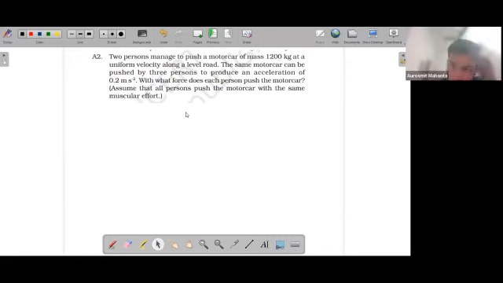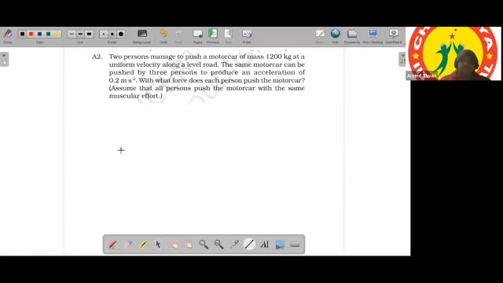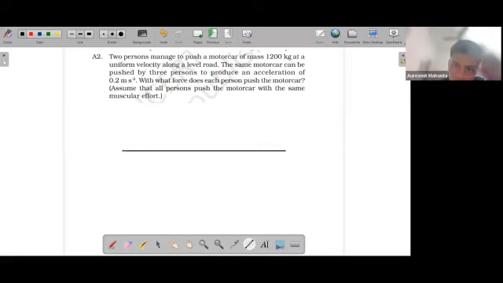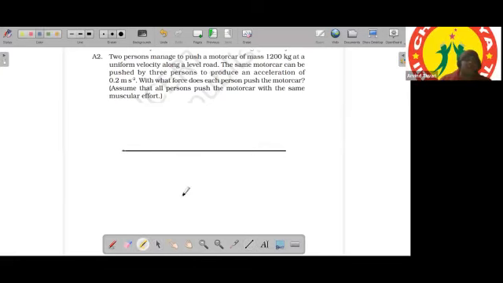So two people are pushing a car of mass 1200 kg with uniform velocity. What does it mean when they are pushing it with a uniform velocity? What information do you get from this?